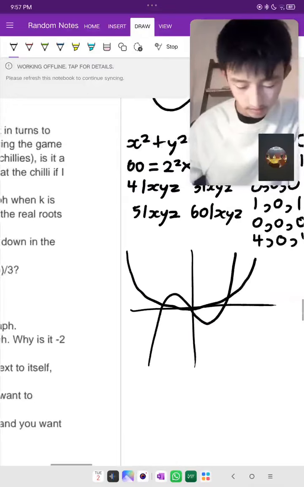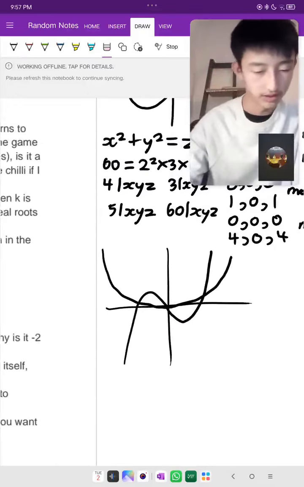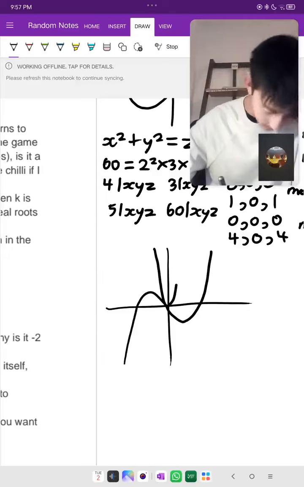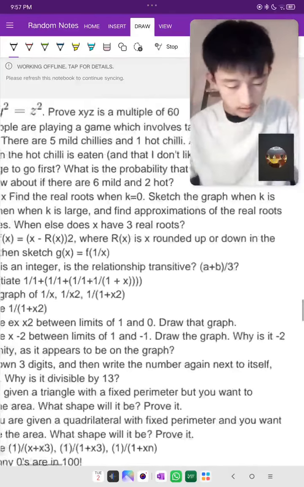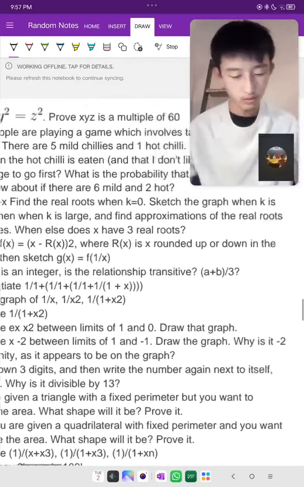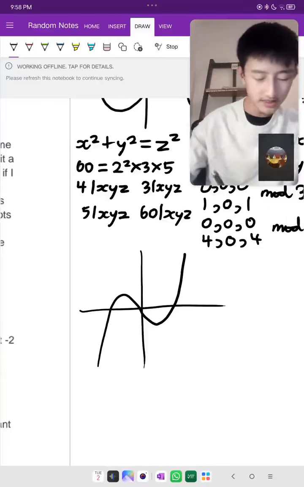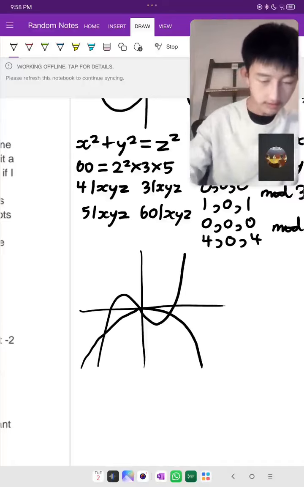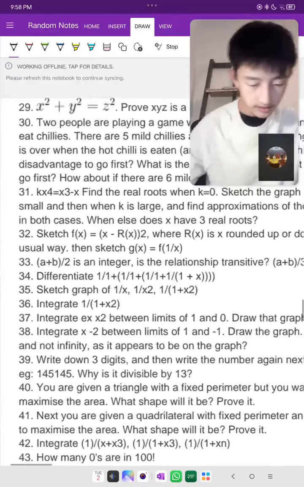Okay, they're going to be very close to -1, 0, and 1, I think. If k is large, then we could get something like that, which gives just 1 root, which is going to be 0. When does x have 3 real roots? Maybe when k is negative. If I have something like this, then that also gives 3 roots. So yeah. Okay, sketch.